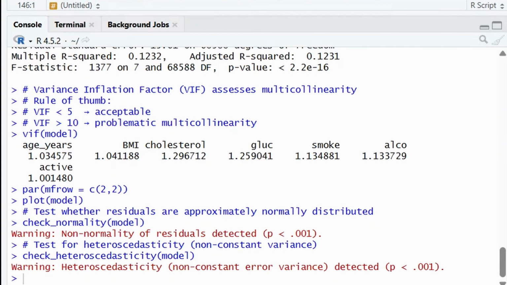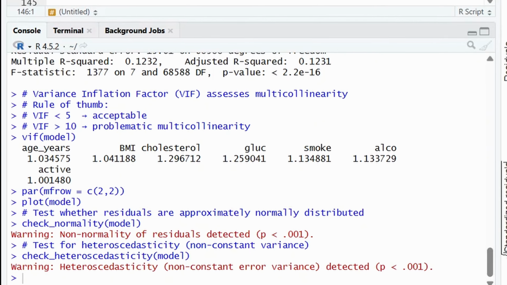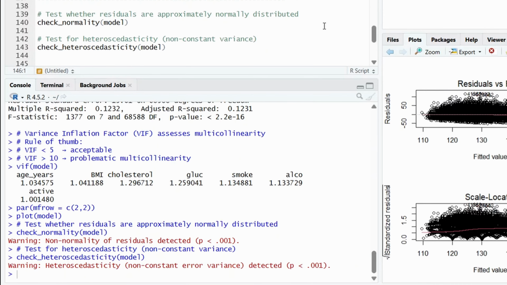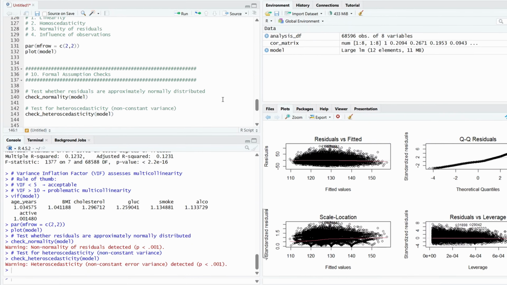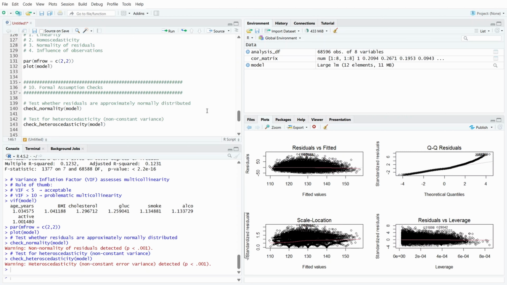In summary, our regression model predicts systolic blood pressure using age, BMI, cholesterol, glucose, smoking, alcohol, and physical activity. Age, BMI, cholesterol, smoking, and alcohol are positively associated with higher blood pressure, while glucose and physical activity show little effect.